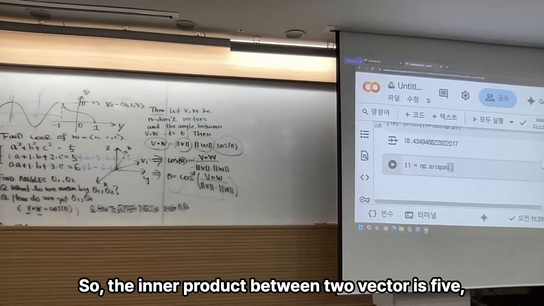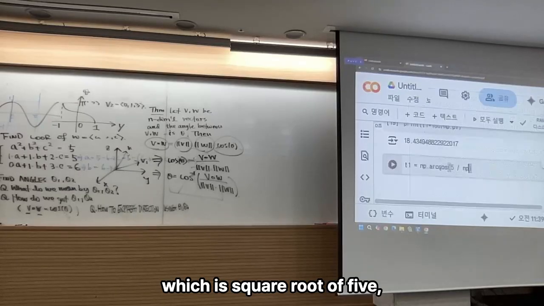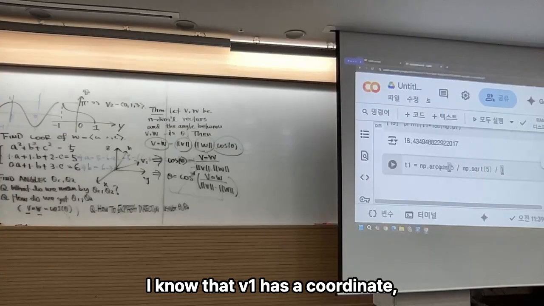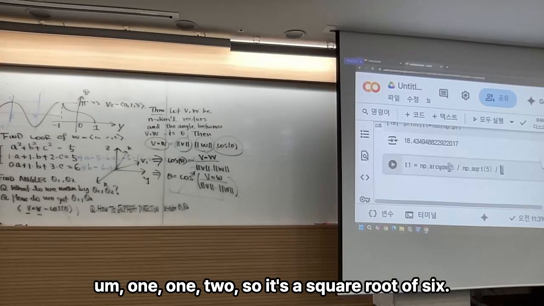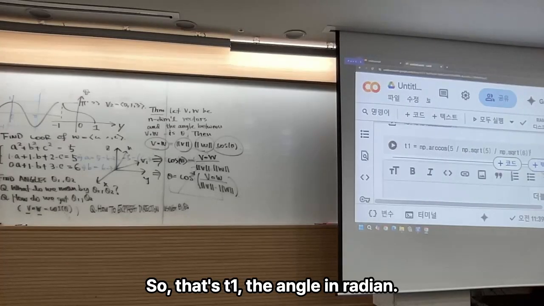So the inner product between the two vectors is 5, and I divide it by the size of vector W, which is square root of 5, and then divide by the size of V1. I know that V1 has coordinates 1, 1, 2, so it's square root of 6. So that's T1, the angle in radians.